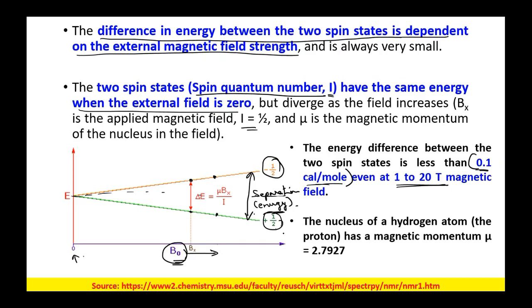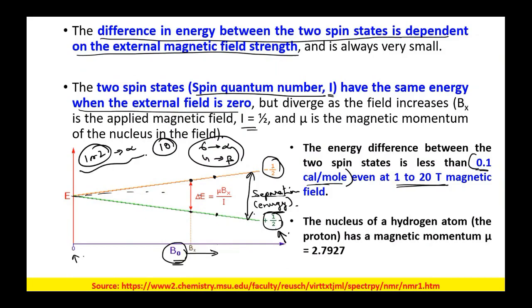We get this signal because we have more alpha state protons on the nuclei. Say for example, if you have 10 protons, it may so happen that 6 protons are in the alpha state and 4 protons are in the beta state. This is just an example. When you have thousands of atoms, only 1 or 2 atoms will be in excess in the alpha state.